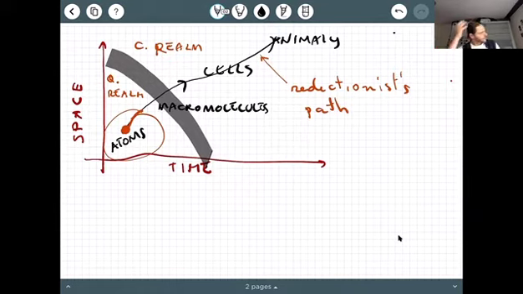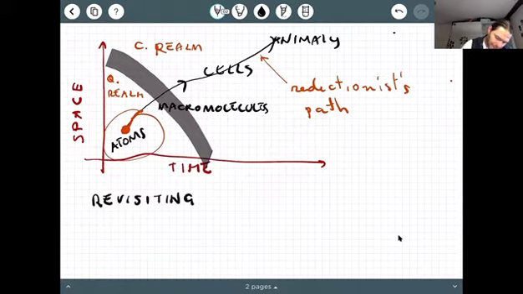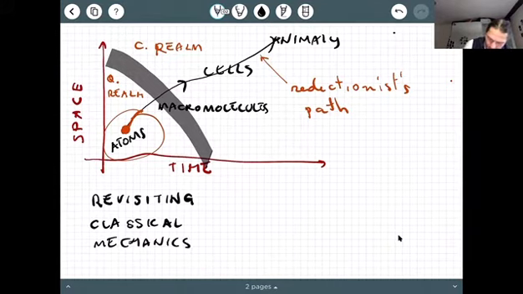So my personal way of approaching this will be based on revisiting classical mechanics for a couple of reasons. So the urge for revisiting classical mechanics comes from a number of needs.